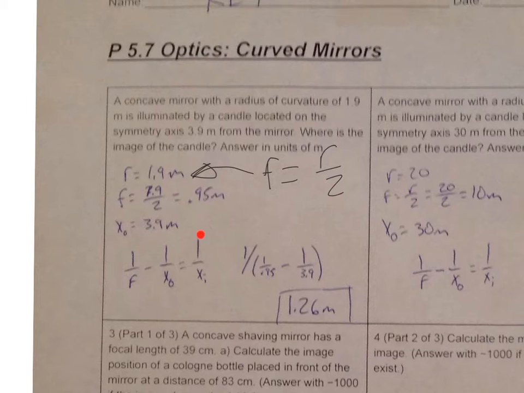Something to note, this is the reciprocal of XI, so to solve it we do 1 over, in parentheses, 1 over 0.95 minus 1 over 3.5. When you put that in the calculator, you should get 1.26 meters. Notice that the image is located closer than the object, and that's what we're looking for there.